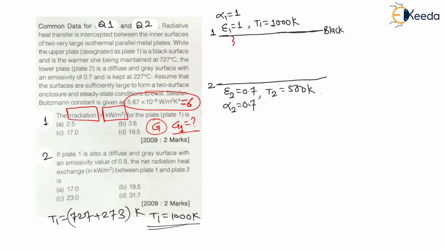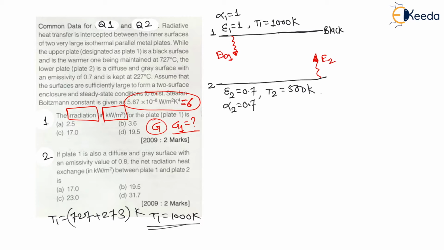Therefore this black body, surface 1, will emit EB1, the emissive power of a black body. Also body 2 will emit electromagnetic waves in the form of radiation energy, so the energy emitted by body 2, that is its emissive power, is E2.